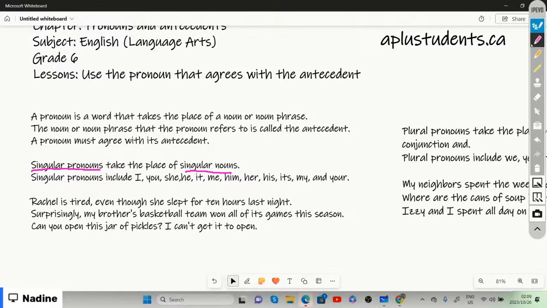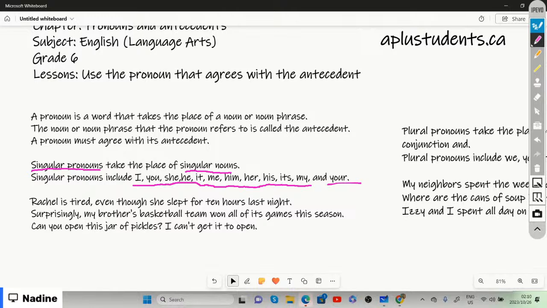And singular pronouns include I, you, she, he, it, me, him, her, his, its, my, and your. So these are the pronouns.